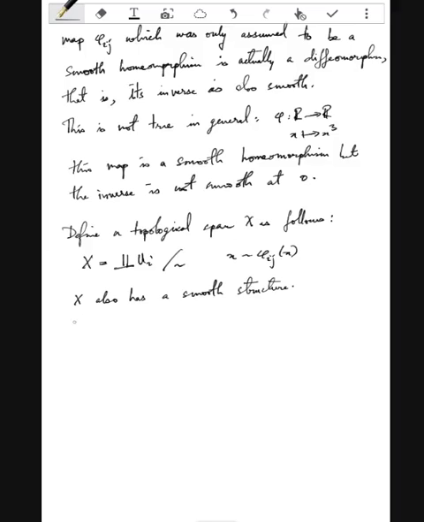For example, we can define smooth functions, real or complex valued, on X, and also on open subsets of X.